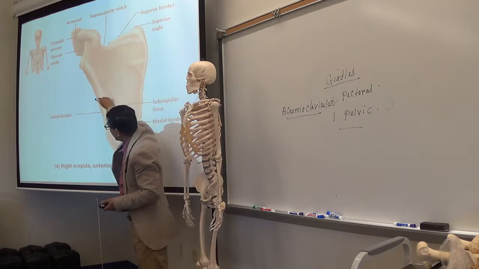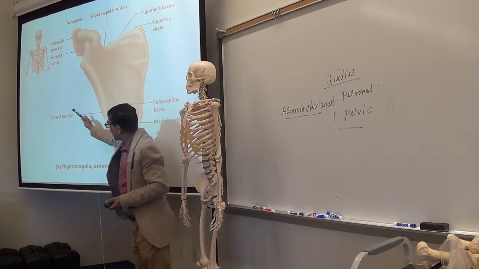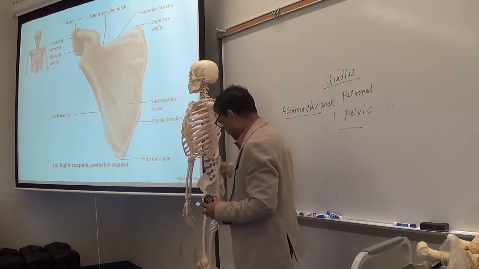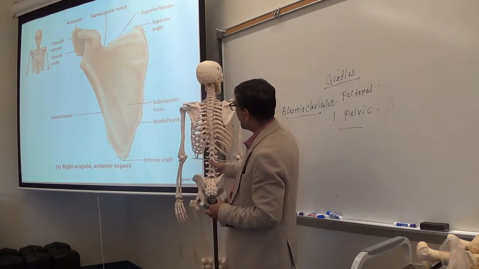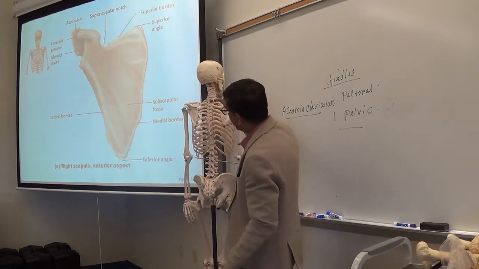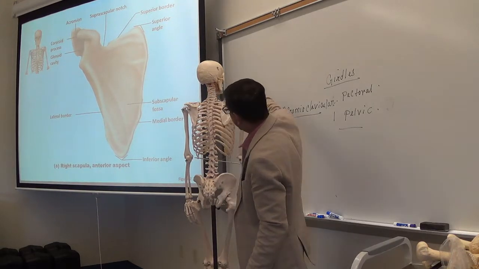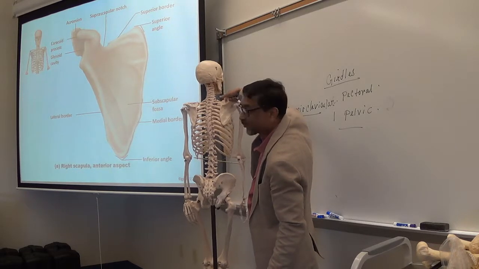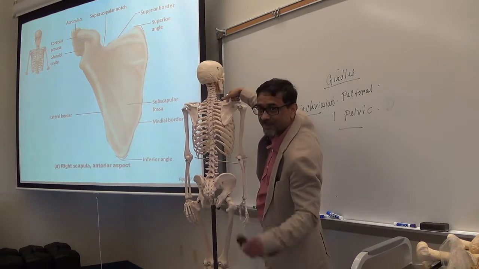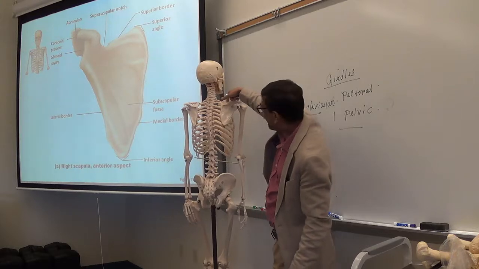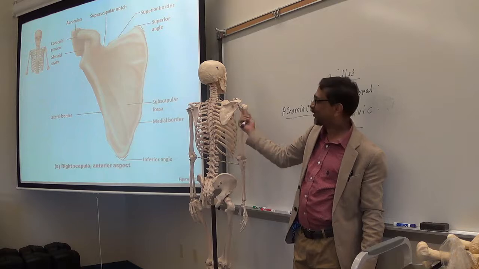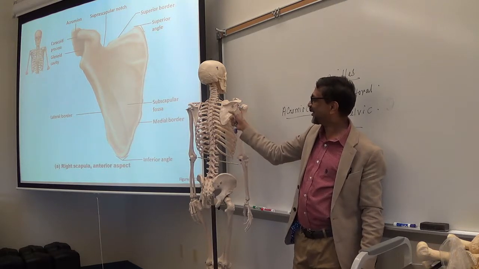And this is the lateral border. That means this is lateral side, and this is the medial border. From the back, this is the scapula. So this border is what? Everybody? Superior. Make sense? This side, superior border. Now you tell me, now look at this.